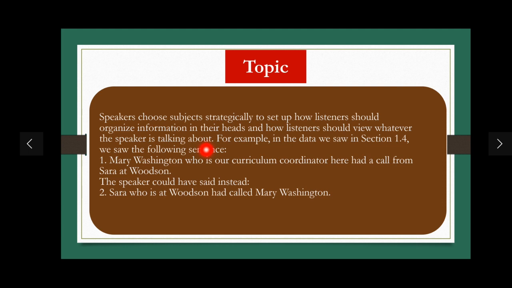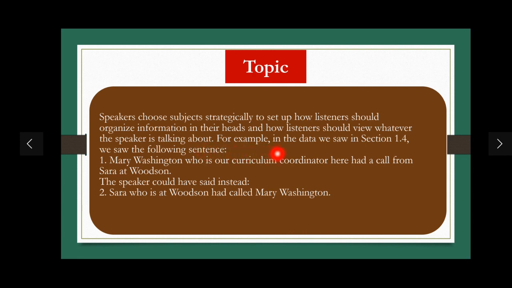And when you say "my daughter was admitted to Stanford," then the focus of attention is the subject, my daughter. It creates a huge difference. So they keep in the mind of the audience or the readers the thing the way they want. You can see how listeners should view whatever the speaker is talking about, how the speaker presents something, and then the audience also perceives it.